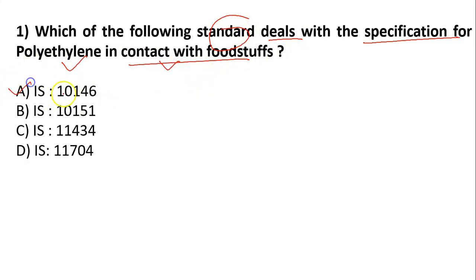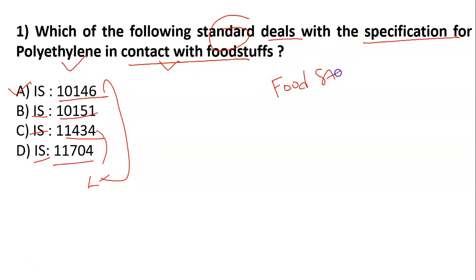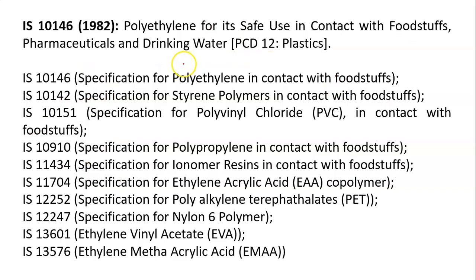Your options are IS 10146, IS 10151, IS 11434 and IS 11704. These are all standards related to foodstuff. Amongst these standards, you have to identify which standard is related to the specification for polyethylene in contact with the foodstuff.